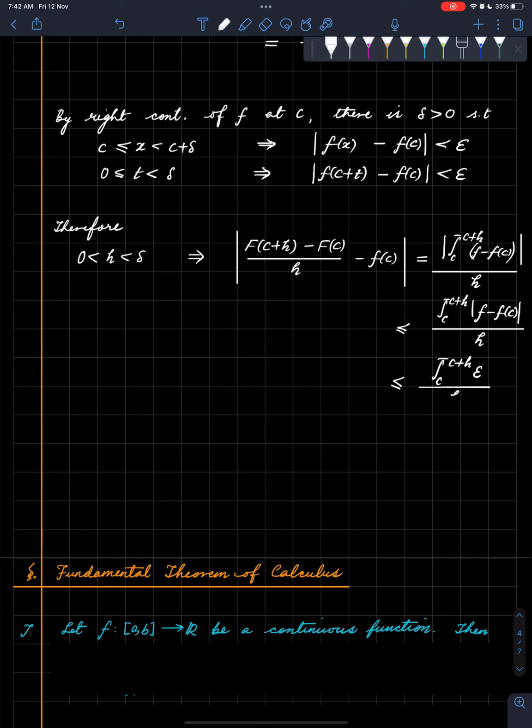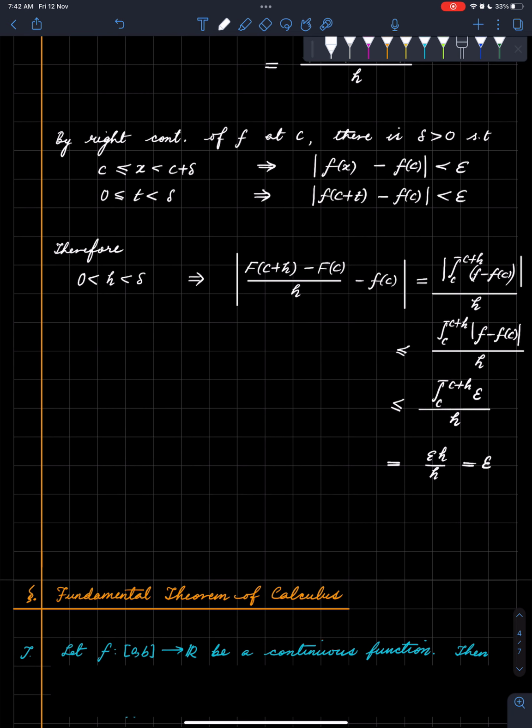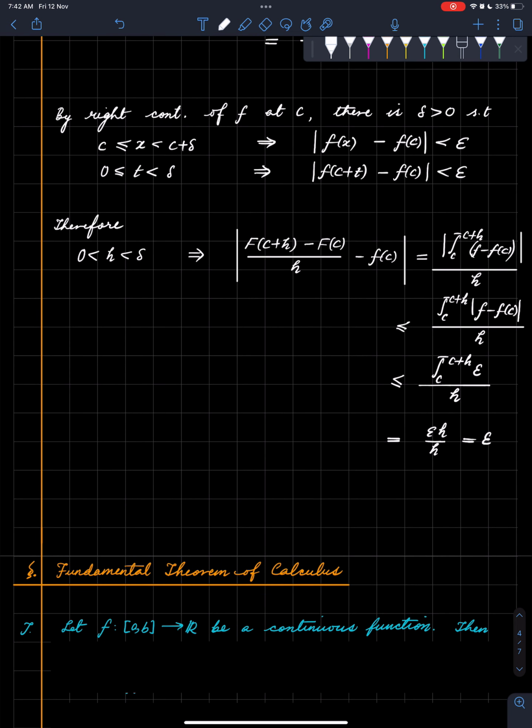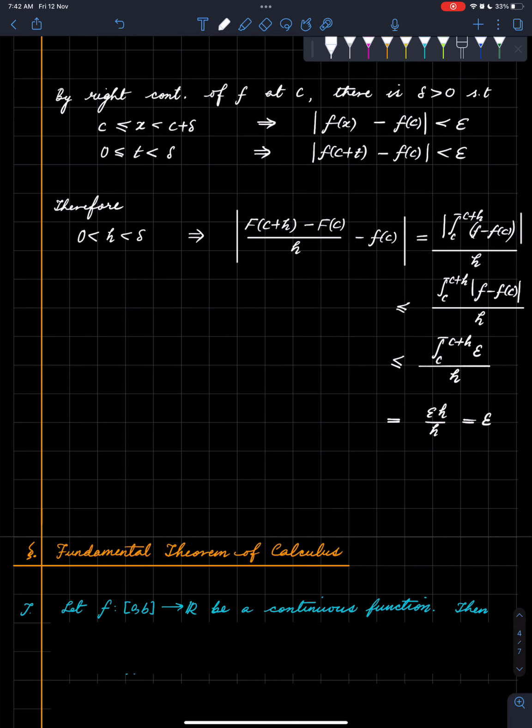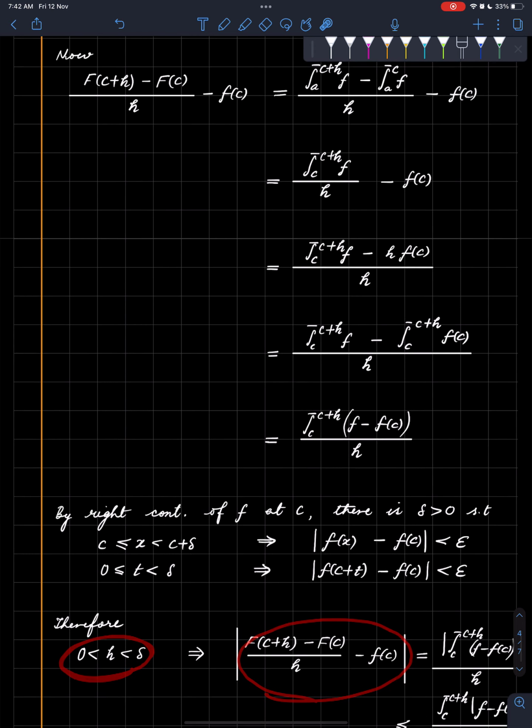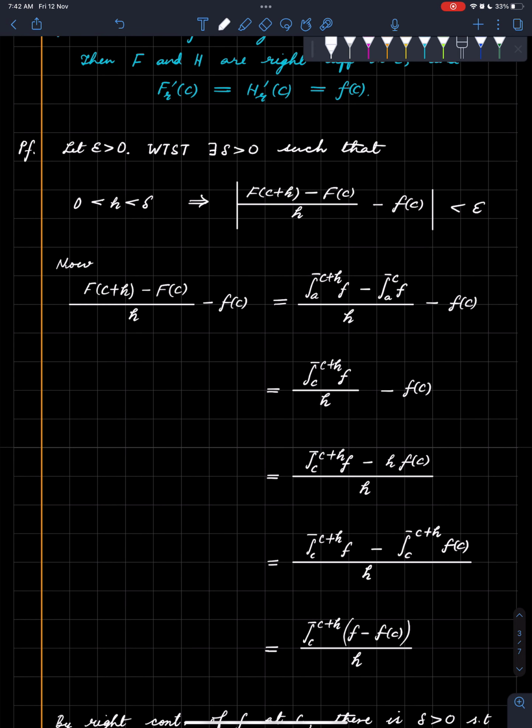This upon h, but this is equal to epsilon h upon h, which is equal to epsilon. Okay. So what we saw is that whenever little h is in this region, this is controlled by epsilon. What we have shown is less than or equal to epsilon, which is good enough, it doesn't really change anything.